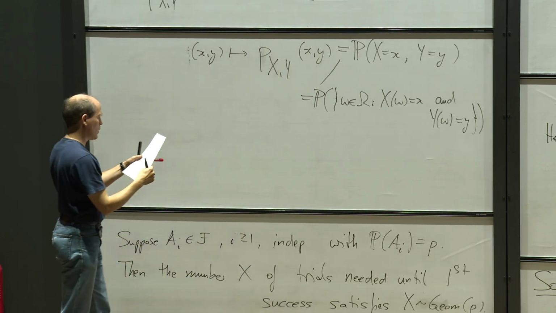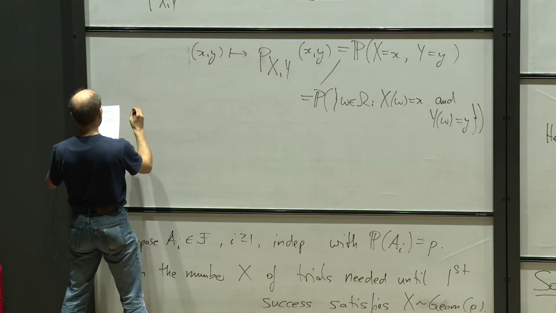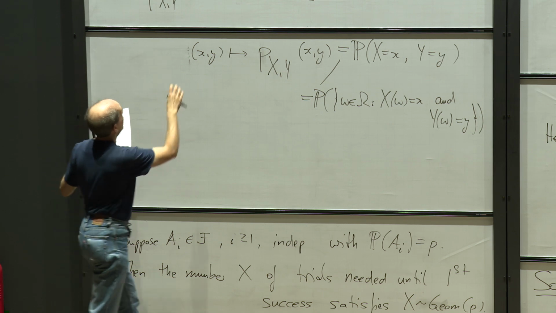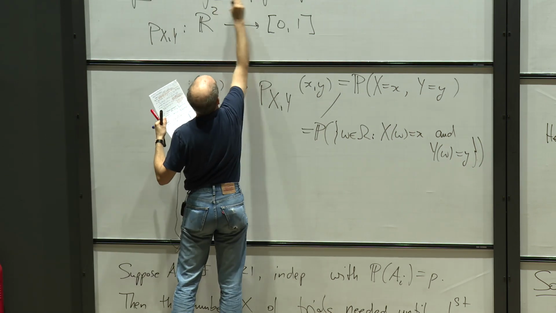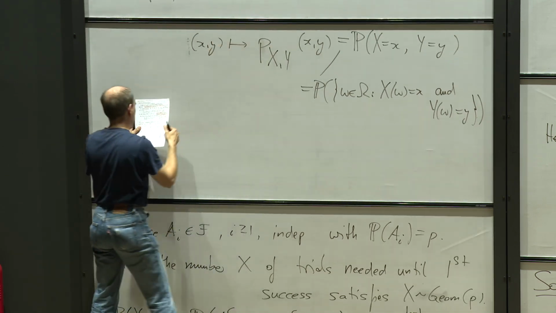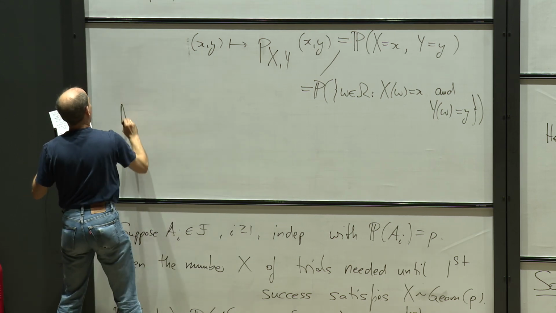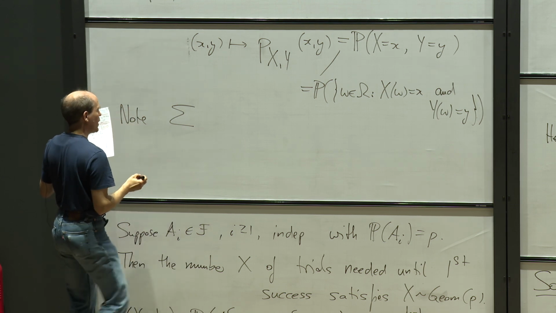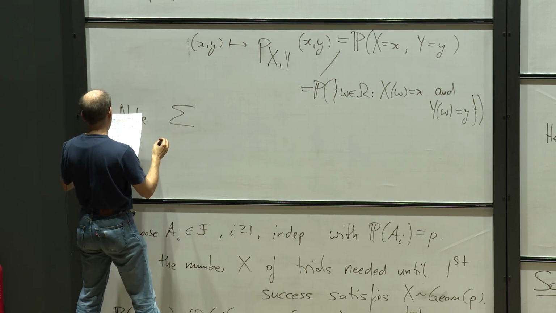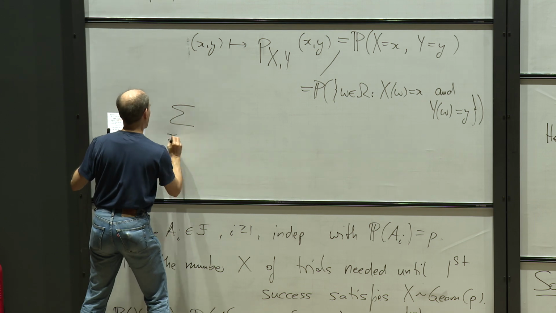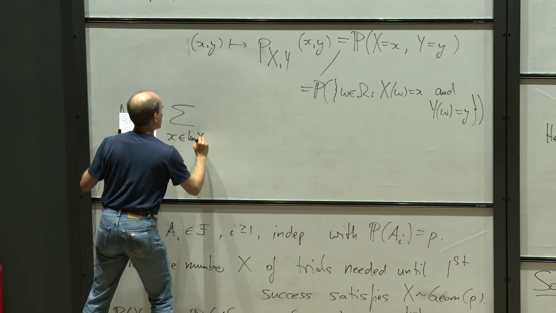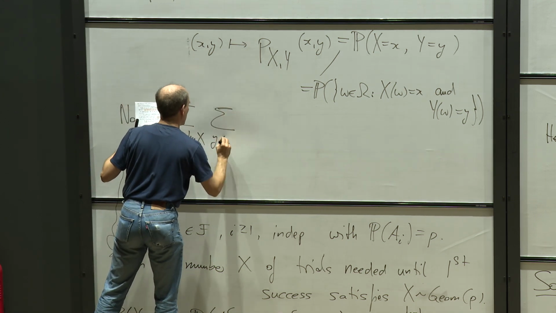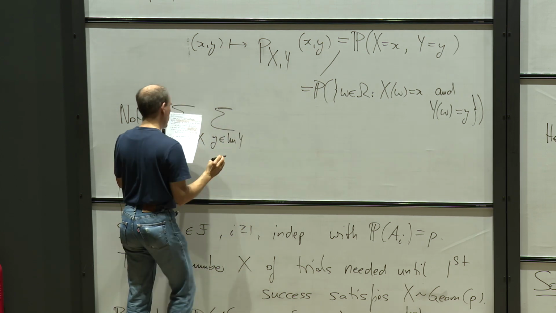Right, that notion is the joint probability mass function, and then we can note that as we sum, but how do we sum over all possible values? Well, we have to sum over all possible pairs. So we can sum over all x in the image of x and sum over all y in the image of y.